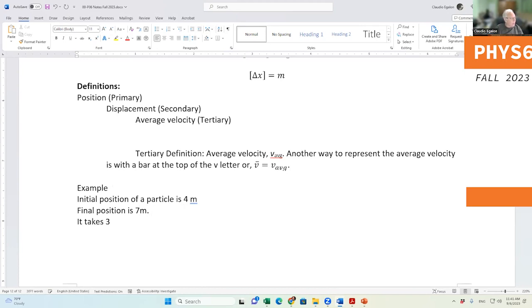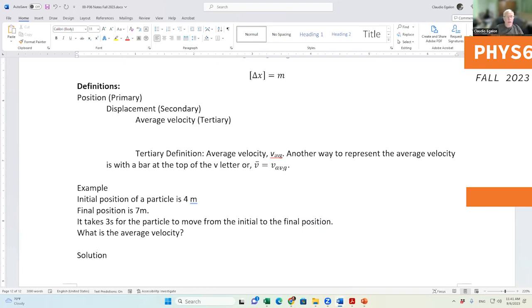It takes 3 seconds for the particle to move from one point to another, from the initial to the final position. What's the average velocity? That's straightforward, right? That's simple.